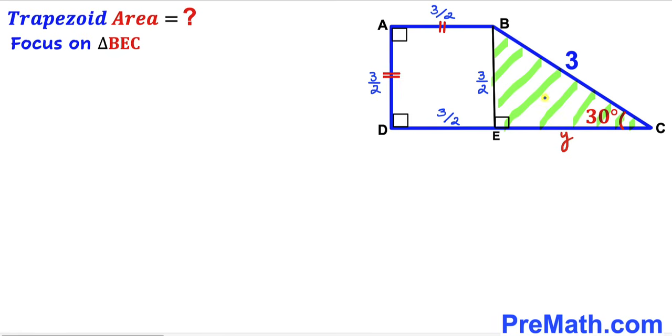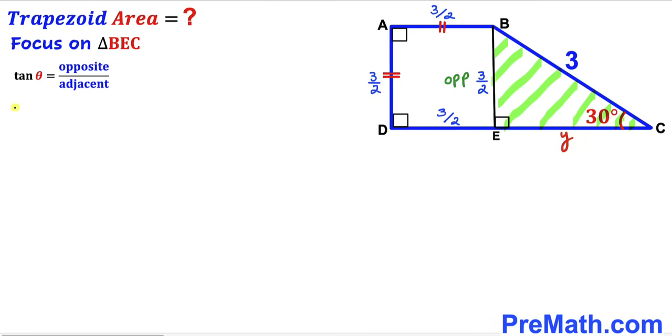Now let's focus once again on this right triangle BEC, and let's recall another trigonometric ratio. Tangent of theta is always equal to the opposite side divided by the adjacent side. Once again, for this angle 30 degrees, our opposite side BE is 3 divided by 2, and our adjacent side EC is y.